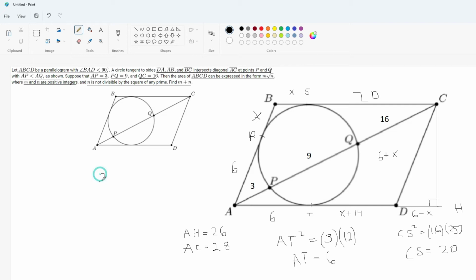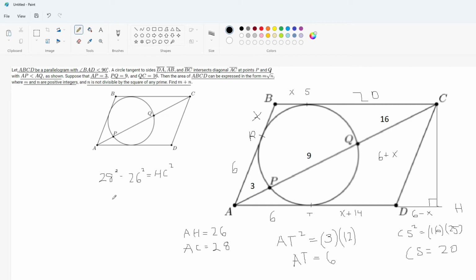AC, 28 squared, minus AH squared, 26 squared, is equal to CH squared, or HC squared, whatever, it doesn't make a difference. So this is not pretty, but you can just bash it out.